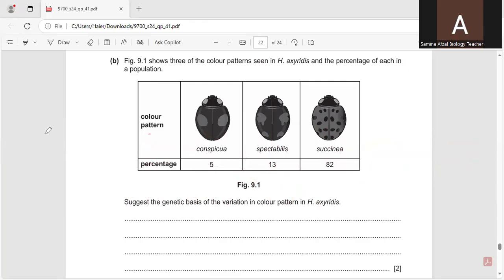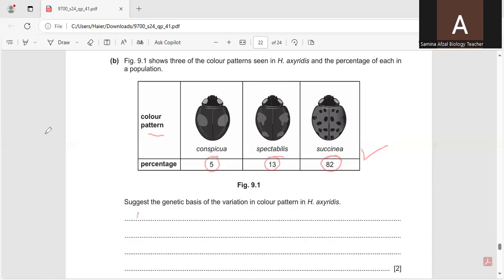You can say color pattern conspicua 5%, stabilis 13%, and succinea is shown in 82%. The highest range of this type of ladybird suggests the genetic basis of the variation in color pattern in Harmonia axyridis. So you can see the different percentages of different color patterns.